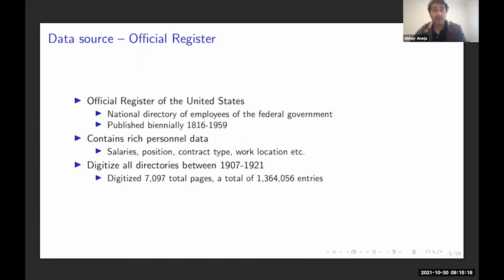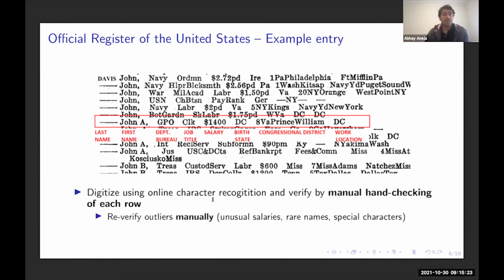segregation on Black Americans. I'll just give you an example, zoom in a bit, to give you a sense of what we digitized. This is a snippet of one page of an official register, and I've highlighted in the red box the data for one particular person. For John Davis, we can observe his name, the department that he worked in, his job title, or what we might think about as his occupation, his salary, a little bit of information on where he's from, and then where he worked.